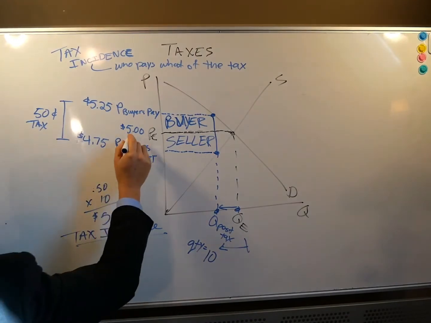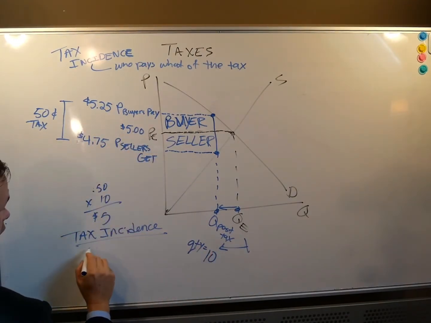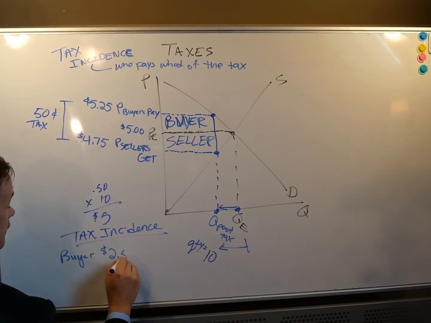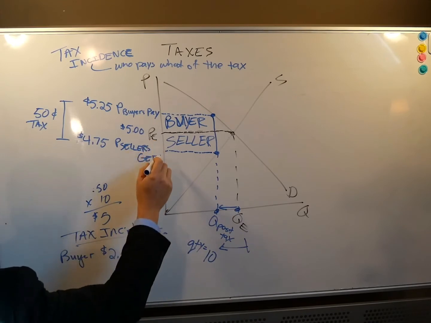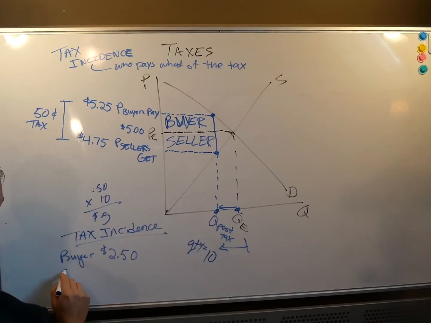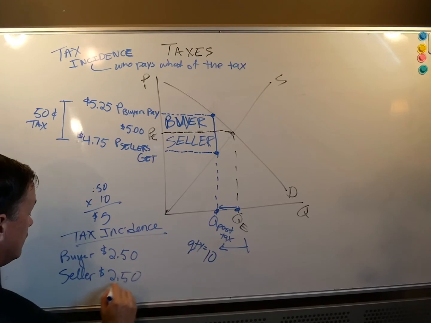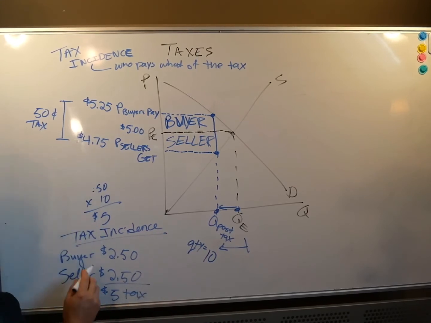Well, the buyer is paying 25 cents over a 10 quantity, so they are paying $2.50 of the $5. And then the seller is getting $4.75, but the price is $5, so they're paying in 25 cents times 10. The seller is paying $2.50, and then you add them up, and there's your $5 tax. But your incidence is who's paying what, and you break that down.